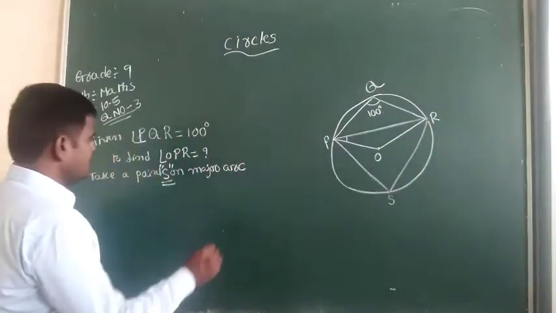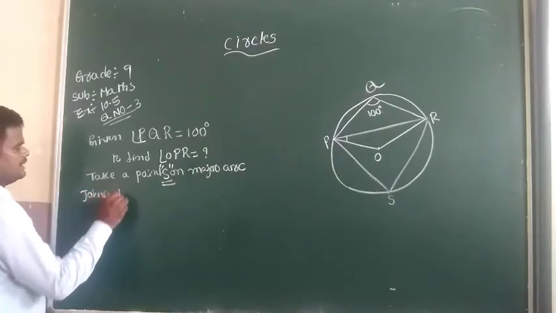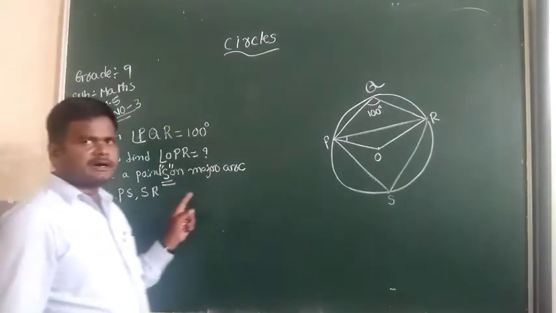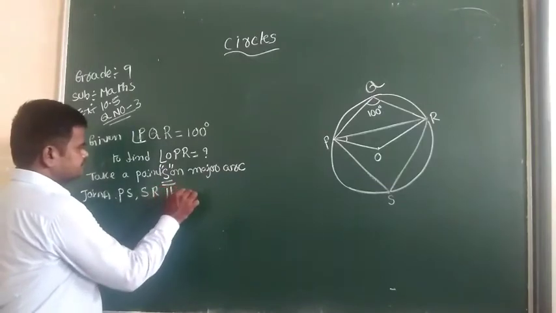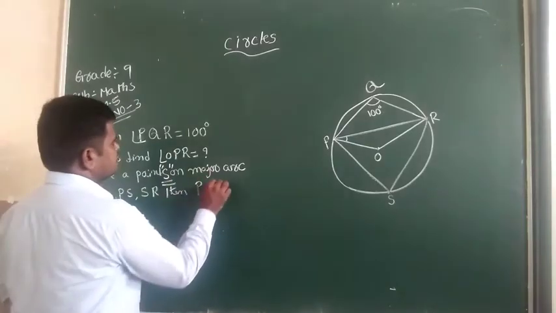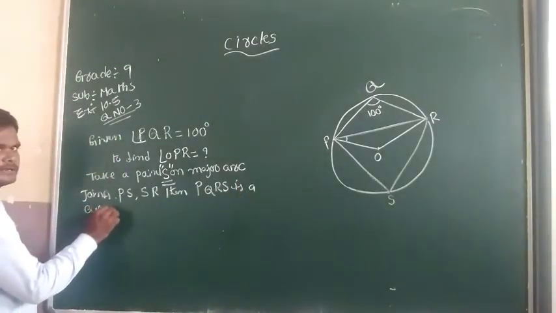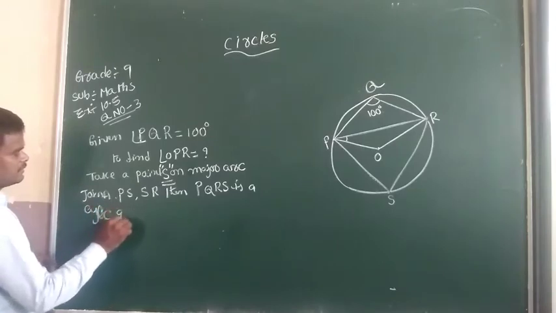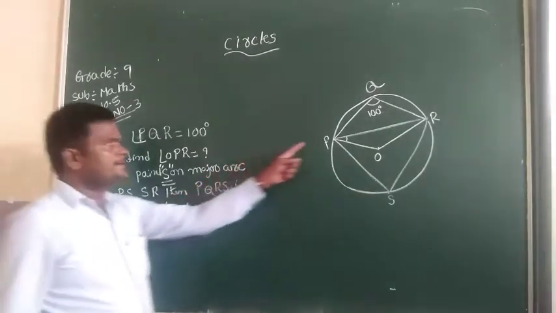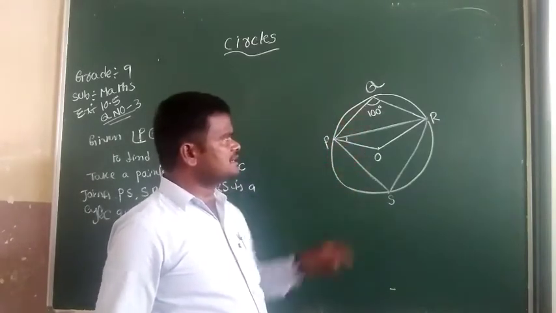Next join PS and SR. Then PQRS is a cyclic quadrilateral.